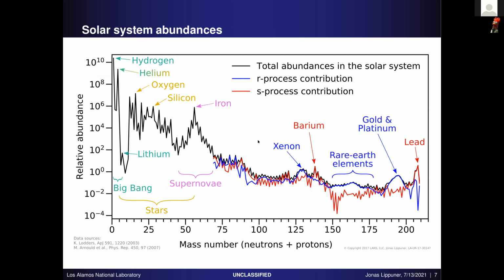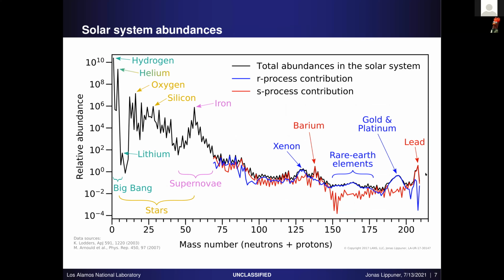I'm going back to the abundances in the solar system, and now I added the lines that show the R process contribution in blue and the S process contribution in red. The first magic neutron number of 50 produces the peaks around here. It's a little noisy, so you can't see it very well. But here we have the second peak, and you can clearly see that the R process has a peak at a slightly lower mass than the S process.